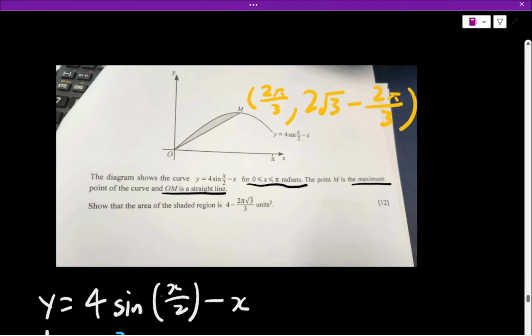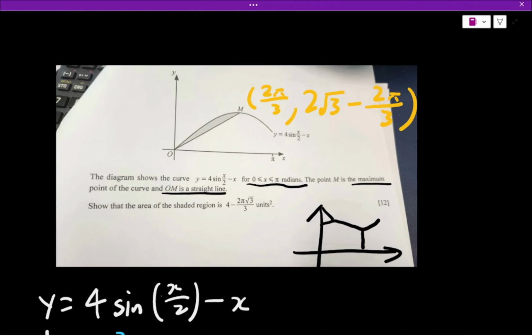Next thing to do is to integrate, because we want to find the area of the shaded region, so that means that we probably need to do some integration. Now, the problem is, this area is not like a normal graph where it's just between the x-axis and the graph and the line like this.